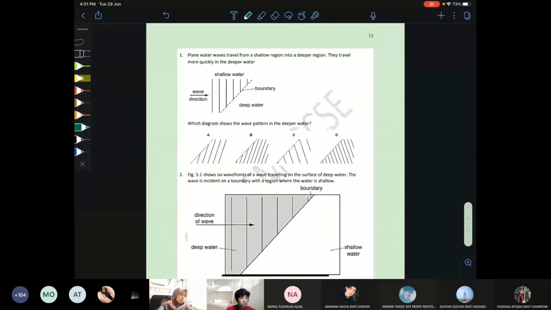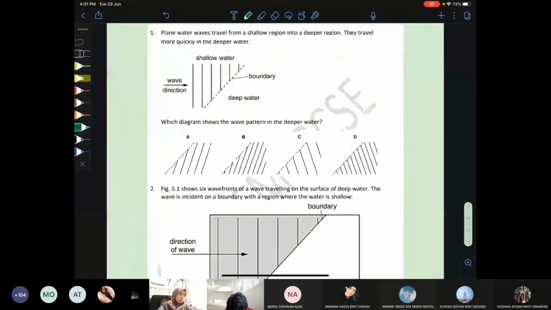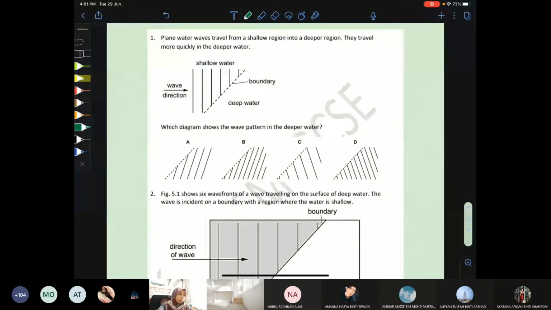Okay, this is another question. Plane water waves enter into a deeper region. They travel more quickly in the deeper water. Which diagram shows the wave pattern in the deeper water? So now we have shallow. Tadi macam mana kita nak ingat? Shallow, slow, small. So now we have small.